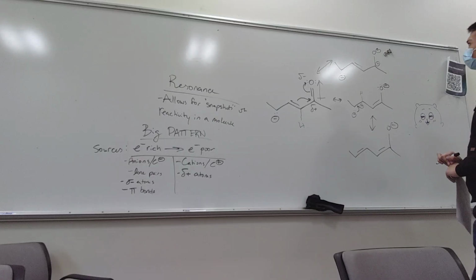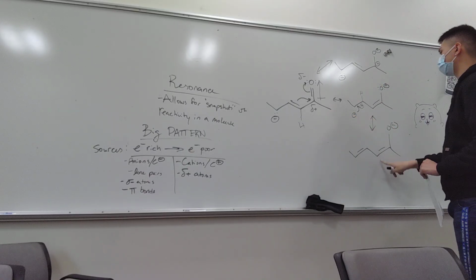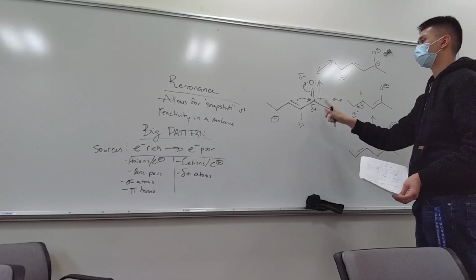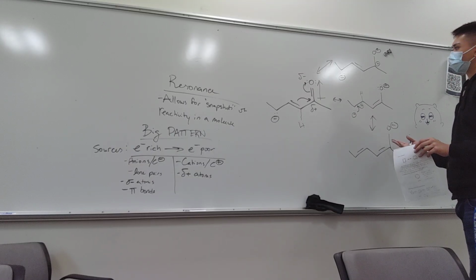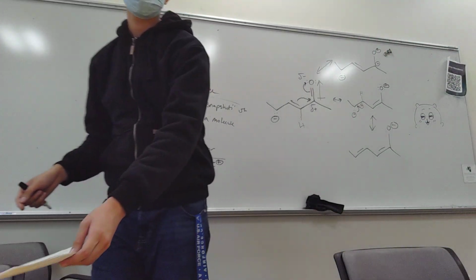And then we can also see that the net charge in each structure is the same. They didn't break any single bonds. Electron rich to electron poor. There you have it. That is resonance for that structure. Okay. I hope that helped at least some bit.